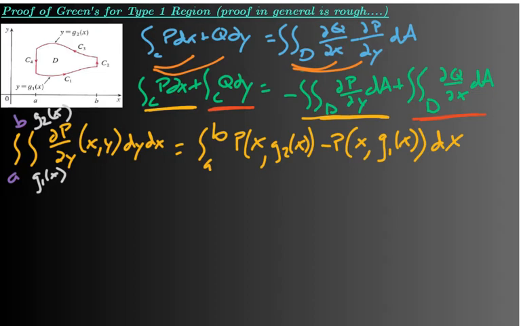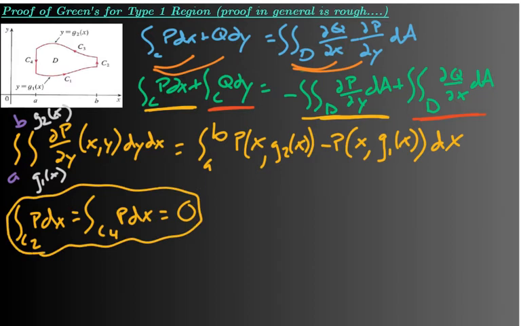So notice that the line integral for curve 2 of P dx is going to equal the line integral for curve 4 for P dx. And notice that they would both be equal to 0. And that's just because we're doing a dx there, and there is no change in x because it's a vertical line, right? So these two would go to 0. So actually, all of a sudden 4 of these line integrals reduce really to 2. I only need to worry about this one and this one, okay?